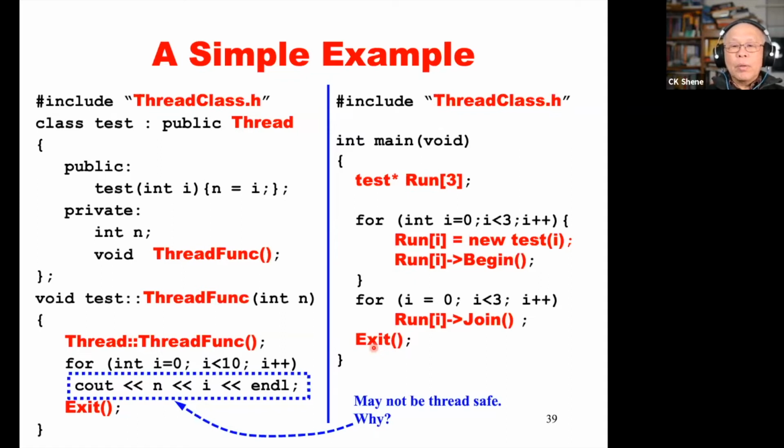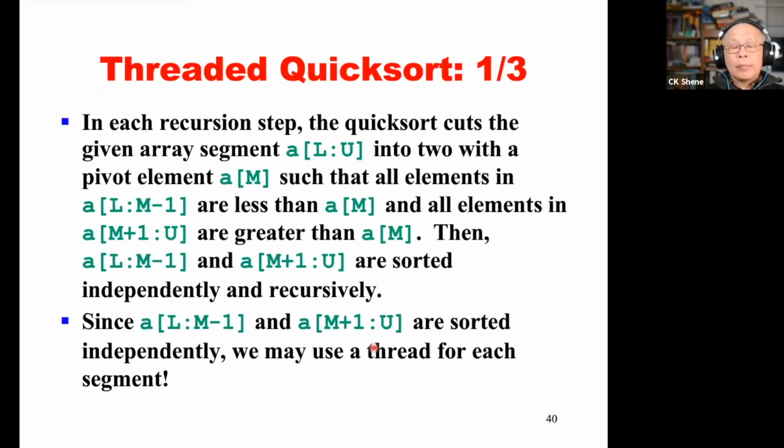So this is a very, very simple program. Now, let's use the same idea to write a quicksort program. Remember, you probably learned quicksort in a recursive way. So in each recursion, the quicksort program takes an array section in.